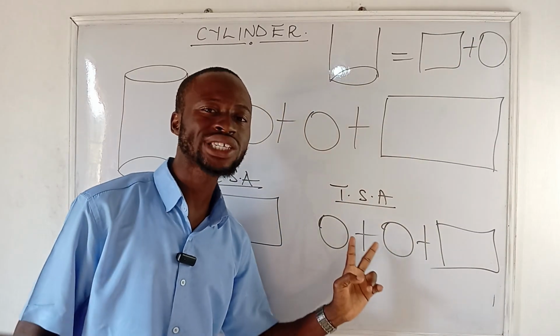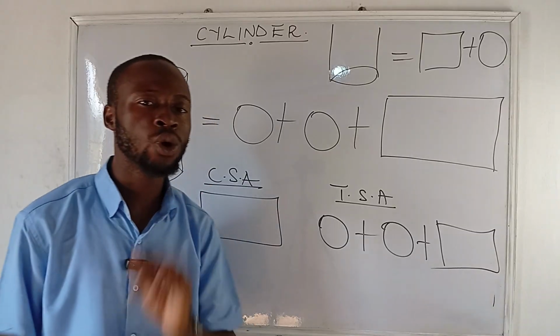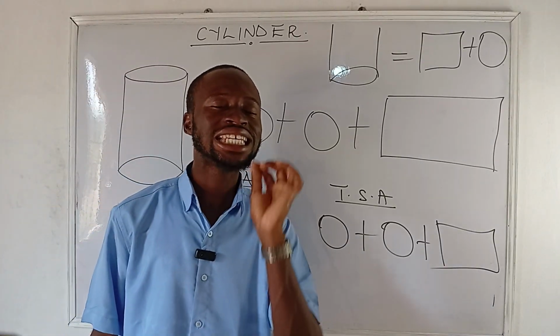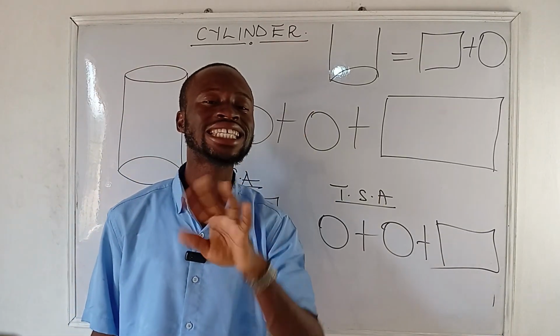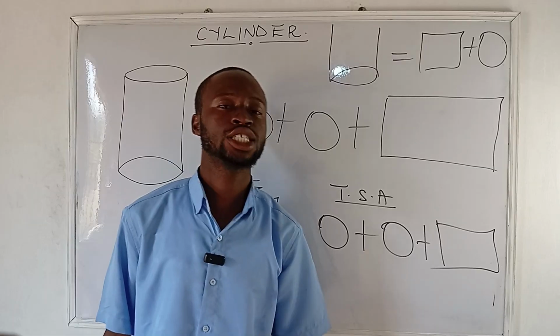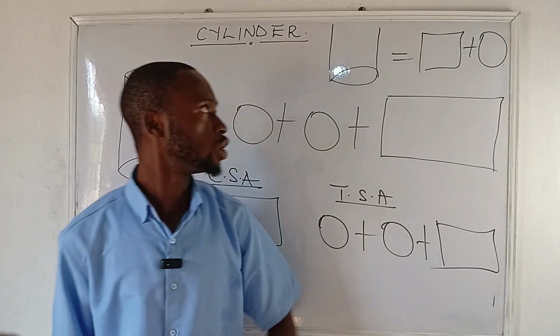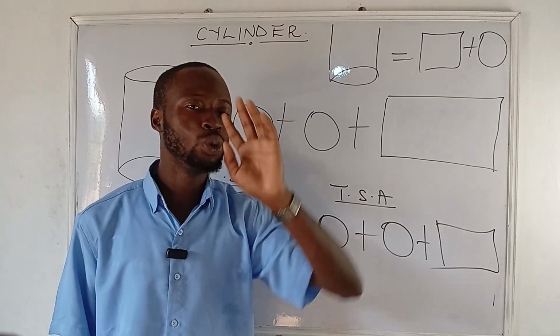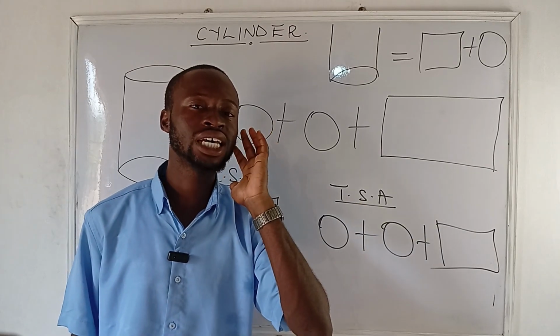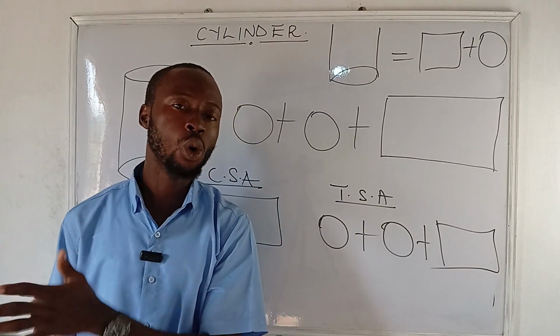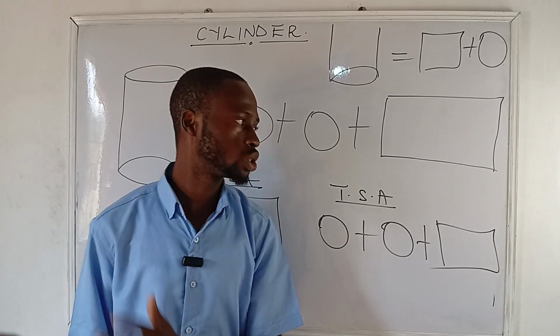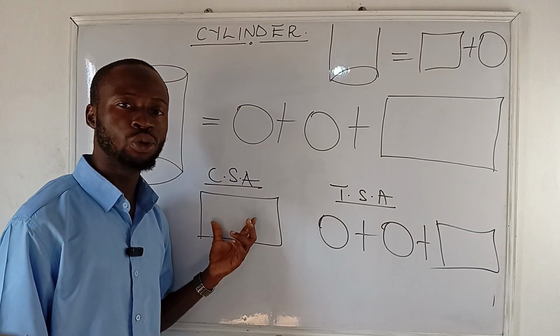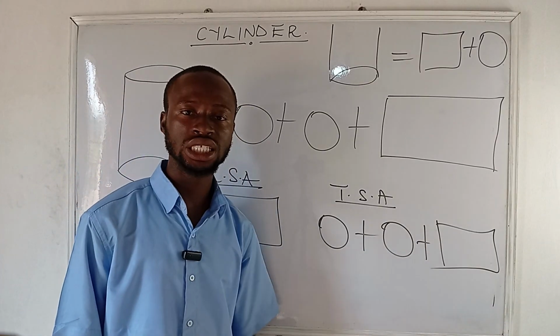It's not going to be two circles. Also note that when they say the cylinder is open at one end, it's the same thing as when they say the cylinder is closed at one end, because if it is closed at one end, then it is open at the other end. So we have a solid cylinder, and we have when the cylinder is closed at one end or open at one end. Let's now go into deriving these.